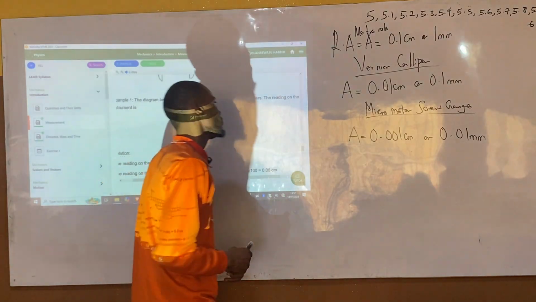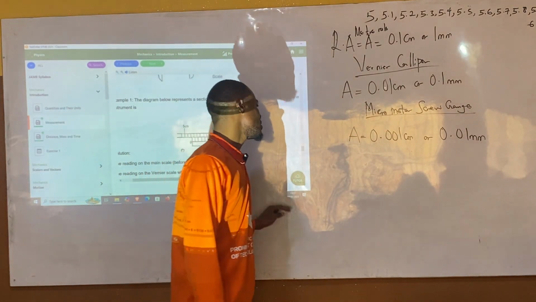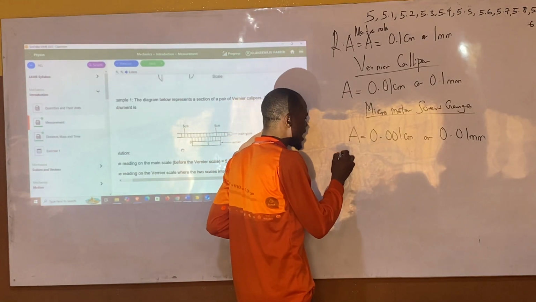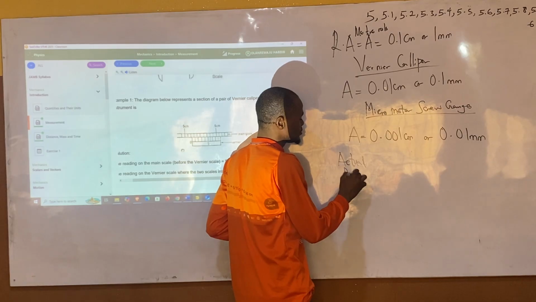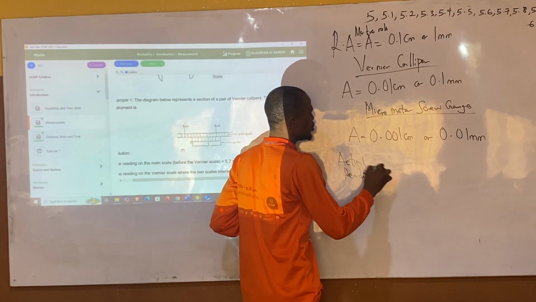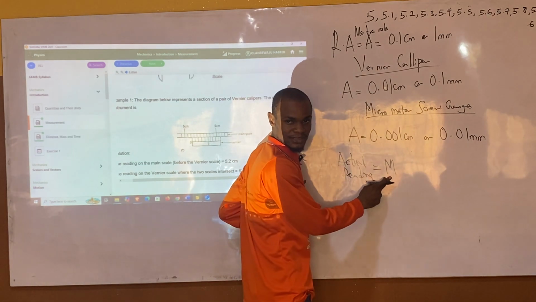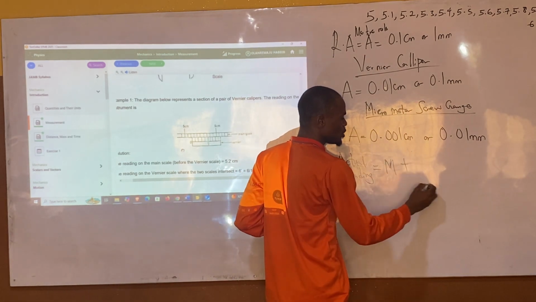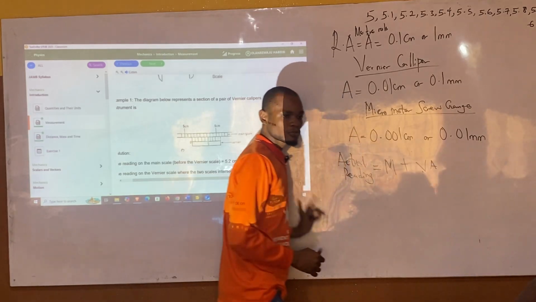Now, for micrometer scale and for vernier caliper, we are going to be using this formula: actual reading equals capital letter M, which is main scale reading, plus vernier scale reading, times reading accuracy.